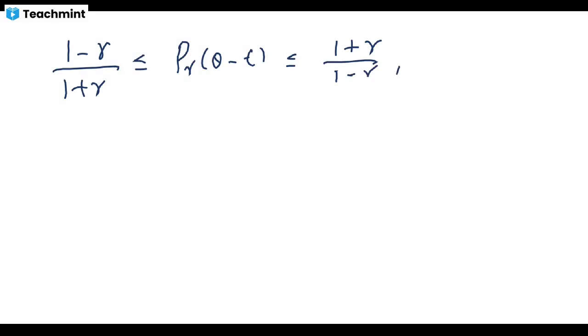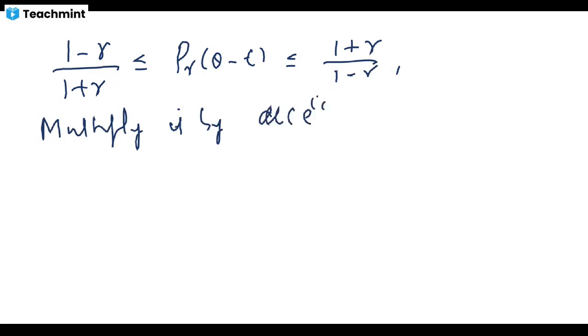So let's multiply this inequality by some number. What I'm going to do, multiply it by this number, u value at e^{i theta} upon 2 pi. Multiplication by this number will not change the order of the inequality.